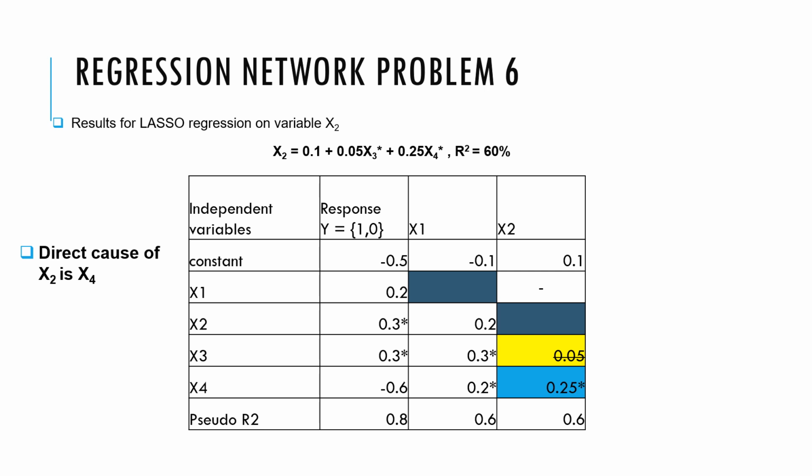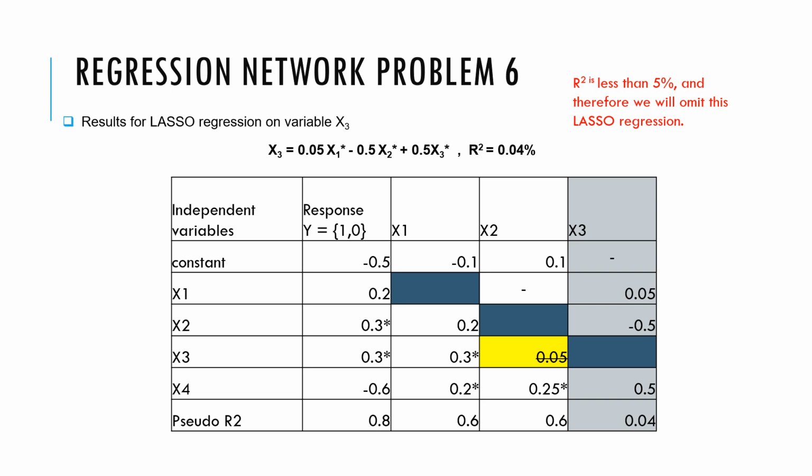So because R squared, again, is greater than 5%, we will map this out and identify the direct causes. So again, we're going to ignore 0.05 and list out 0.25 under x2 and map it with x4. And again, the pseudo R squared is 0.6. So the only direct cause that we need to keep in mind here is x4.